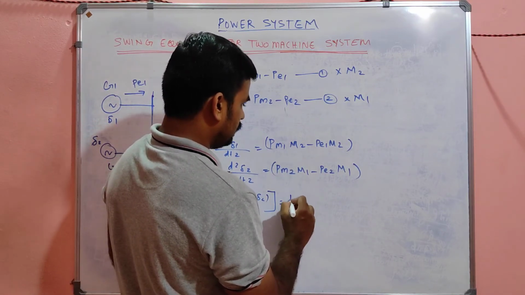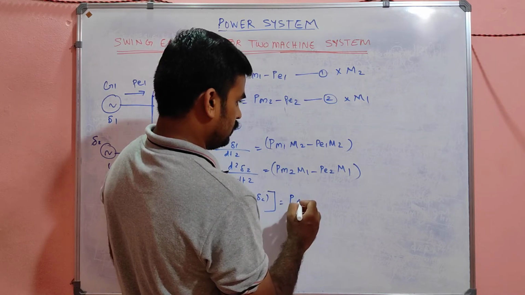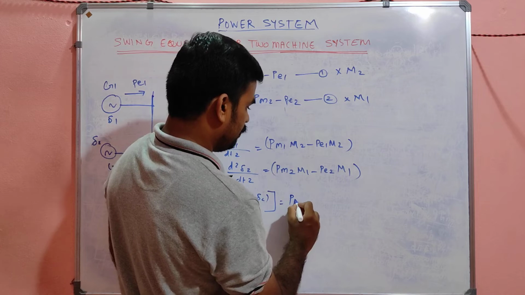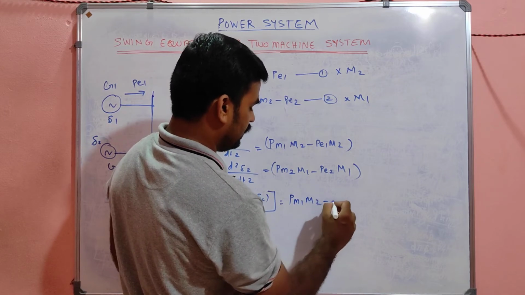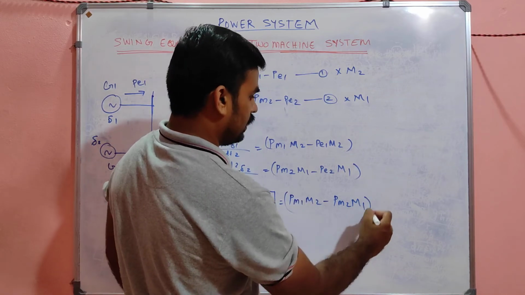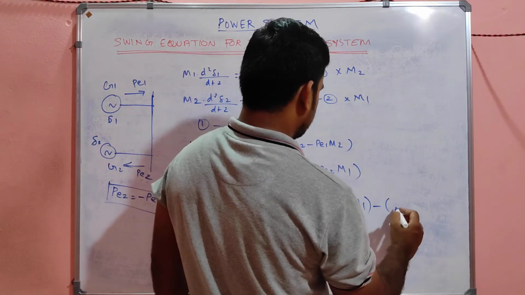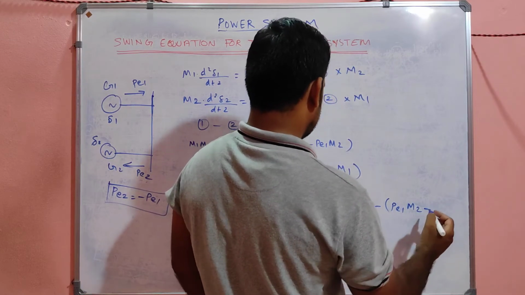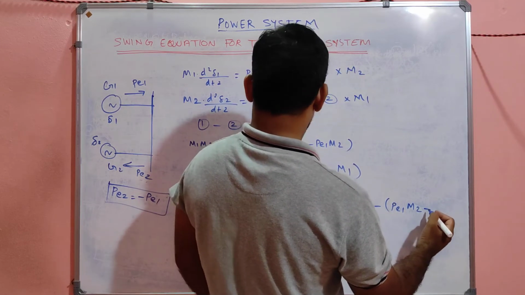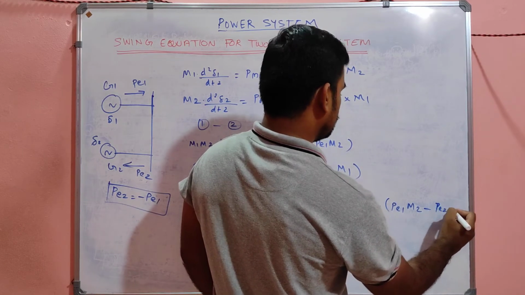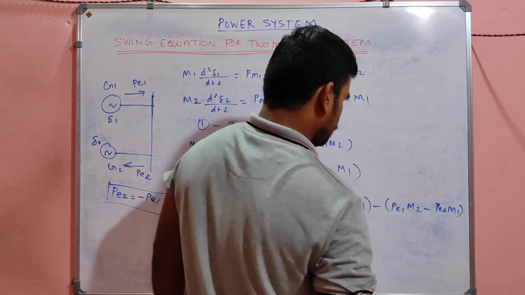equal to Pm1 M2 minus Pm2 M1, minus of Pe1 M2 minus Pe2 M1. Is it correct, my dear?